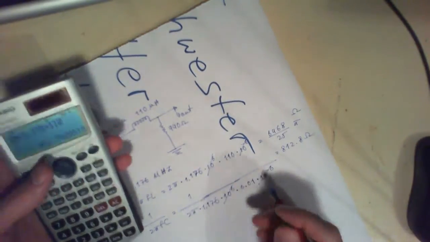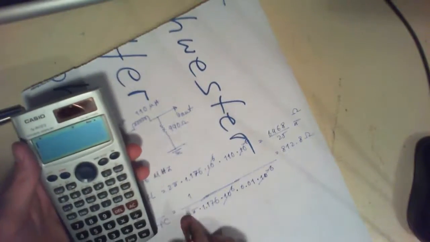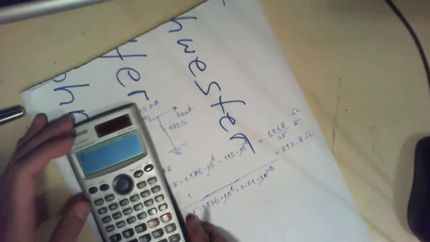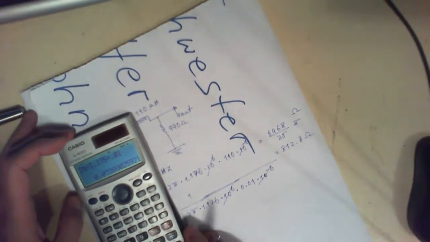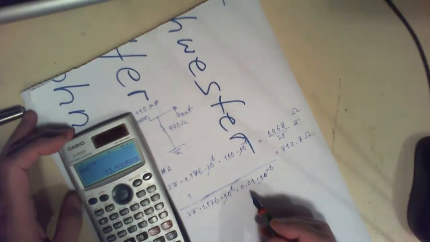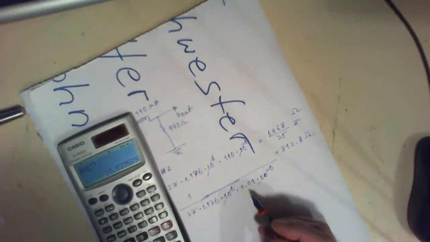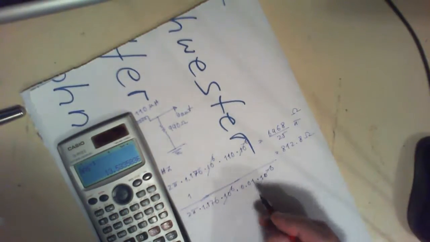These two you can cancel out, and then you have 2 pi times 1.176 times 0.01. Take the reciprocal of that. It's 13.533, or I'll take it as 13.5 ohm basically.